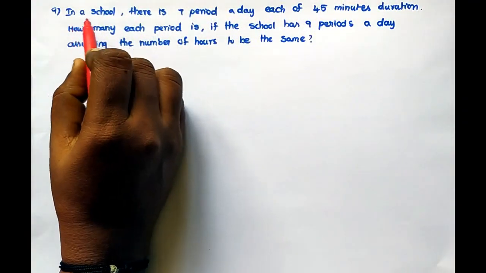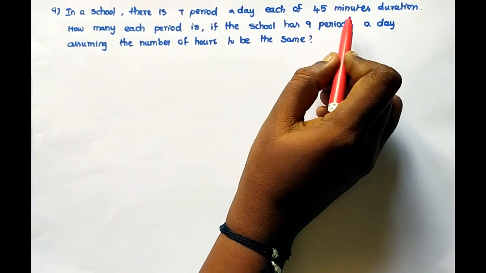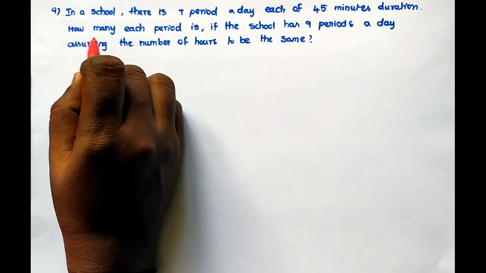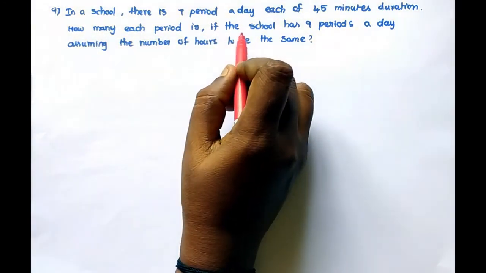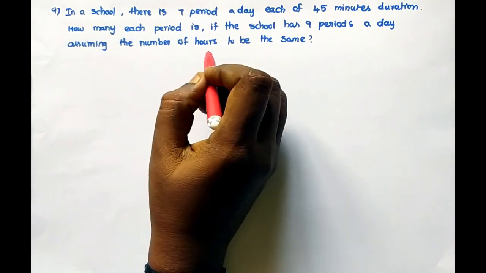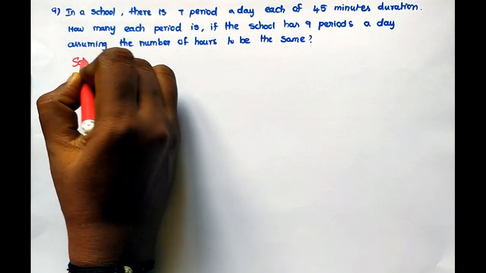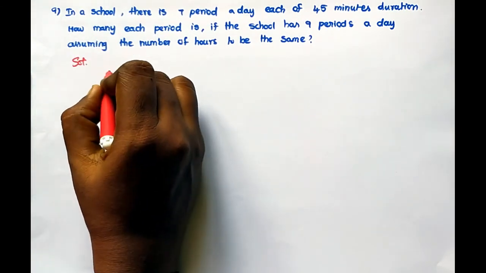Ninth sum. In a school there are 7 periods a day, each of 45 minutes duration. How long is each period if the school has 9 periods a day, assuming the number of hours to be the same? Listen.